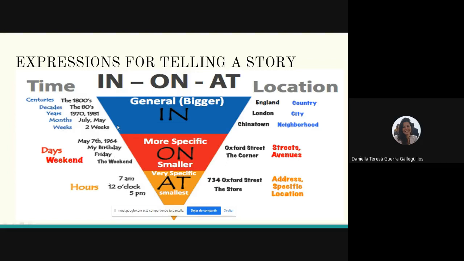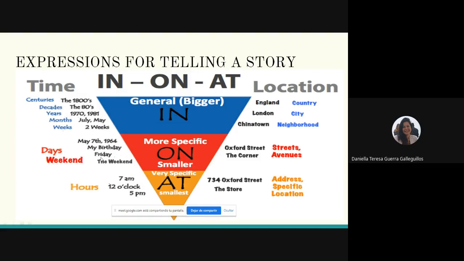On the other hand, on is for when you have the complete date, fechas completas, por ejemplo, on Monday, May the 13th. All right, it's an example like that. So you have the complete date. Expressions like on my birthday.